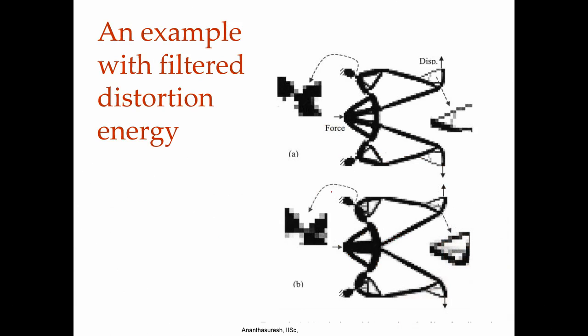If you see, there are two things: this is without filter, and this is with filter. In both cases, distortion energy was put as a constraint, and we do have these hinges, they do not go away. There is a slight difference. Where there is this type of one node hinge, now they become a little bit better.